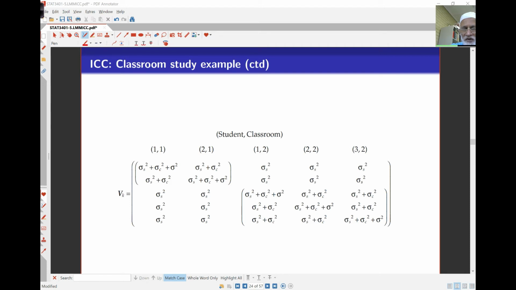So this is student 1 in classroom 1, student 2 in classroom 1. So this is one classroom, and then I've got here student 1 in classroom 2, 2 in classroom 2, and 3 in classroom 2. So as long as they're in the same school, I'm going to have here the student, classroom and sigma squared there, the same here. But this is a block structure because of the 3 by 3 or 2 by 2 as I've got here, according to the classroom I'm in.